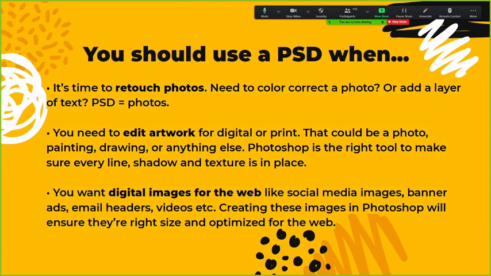So, yun. Moving on, you need to edit artwork for digital or print. That could be a photo, painting, drawing, or anything else. Photoshop is the right tool to make sure every line, shadow, and texture is in place. So, Photoshop, you can do a lot. People do digital painting there. You can do matte paintings.